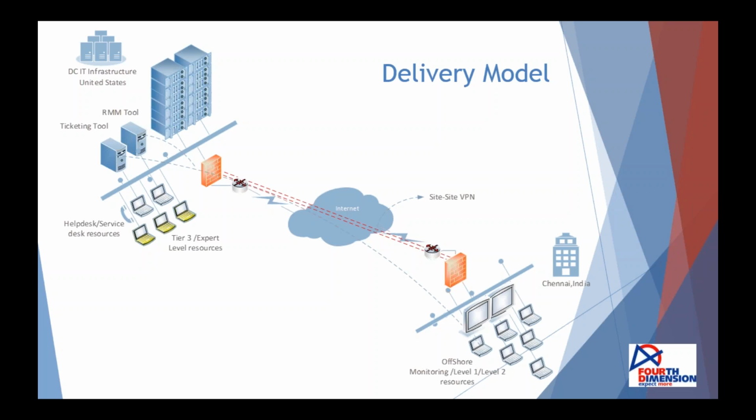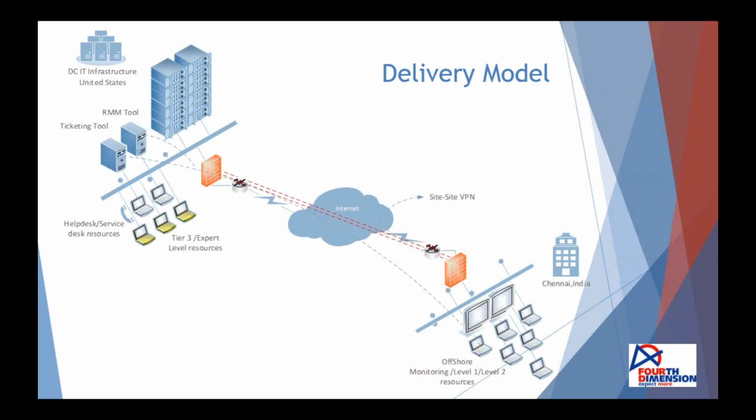On the left side of your screen is your regular office, where you have an existing team managing your client's infrastructure. Our offshore team works out of our network operations center here in Chennai in India. Our team would work on your help desk tools, create tickets, and manage escalations.